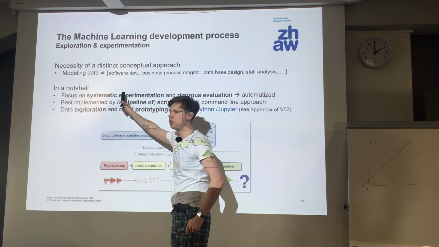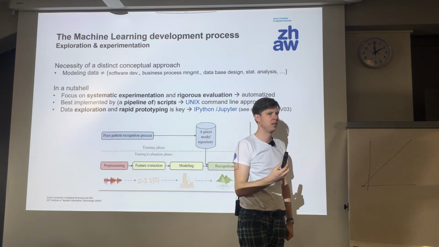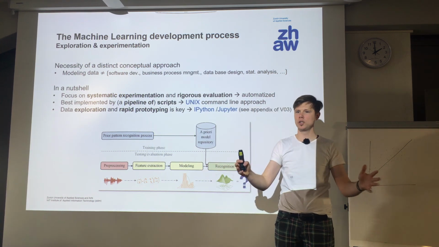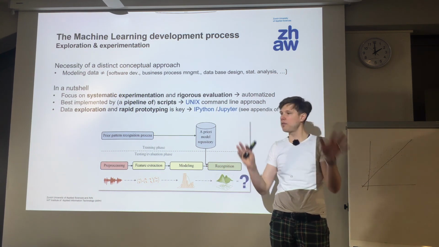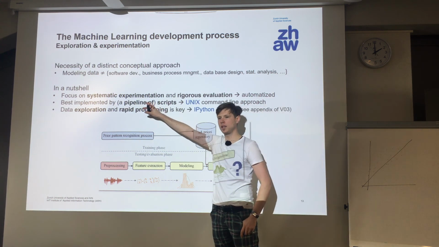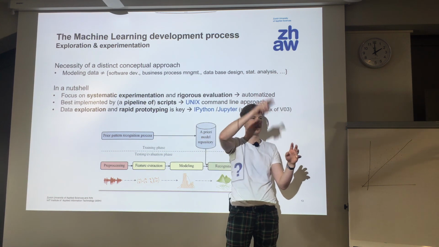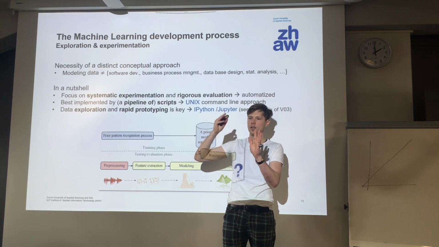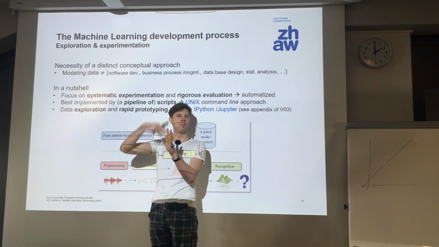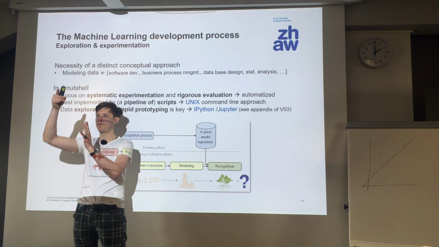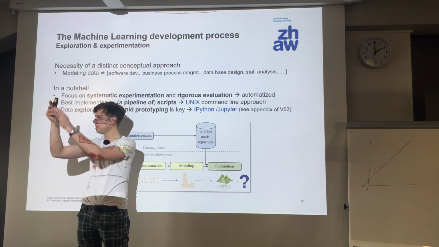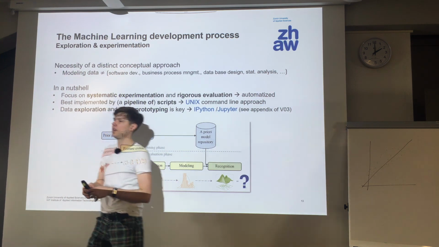Okay, how do you do that? The best thing is not to have a monolithic solution that can do everything, but to have a pipeline of small scripts: a script for visualizing stuff, one for removing outliers, another for training a model, another for analyzing the results and producing the figures of merit, and so on.